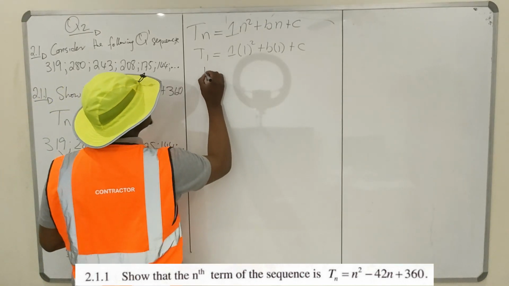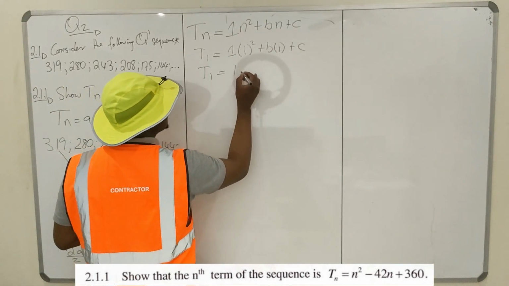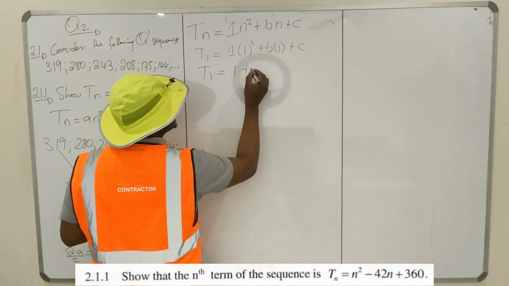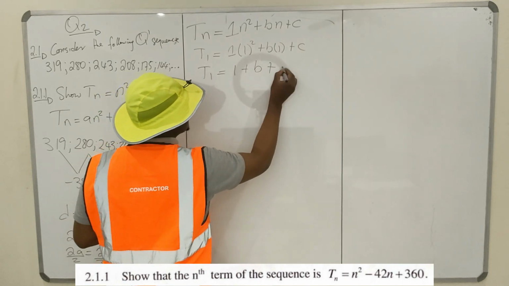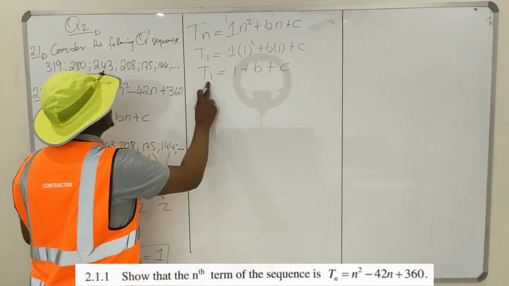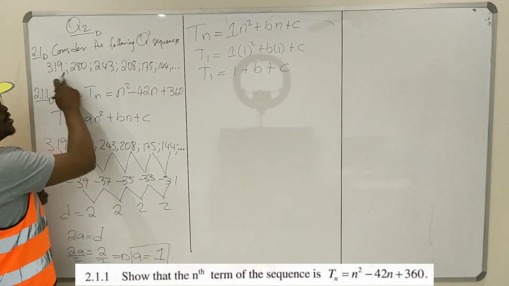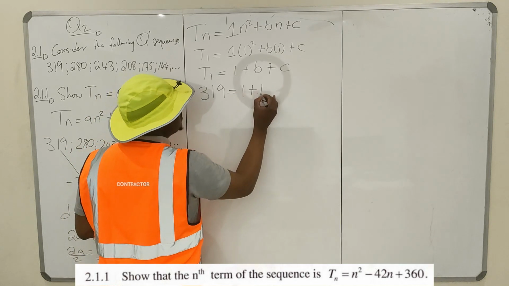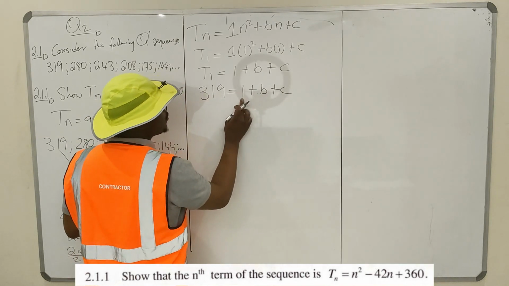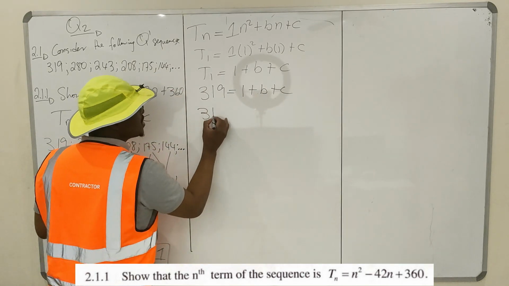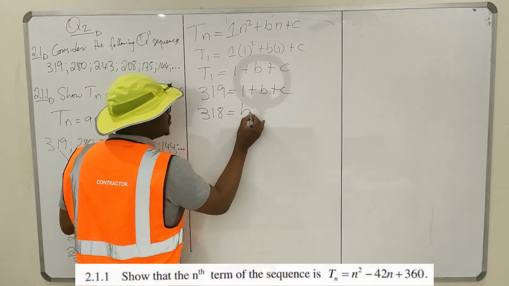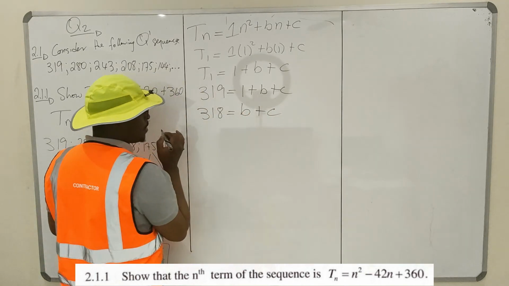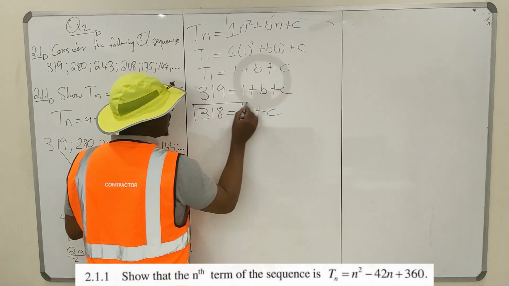To simplify, T1 is equal to 1 plus b plus c. But you know what T1 is: T1 is 319. So 319 is equal to 1 plus b plus c. Transpose the 1 to the other side, so 318 is equal to b plus c. You can leave it here.